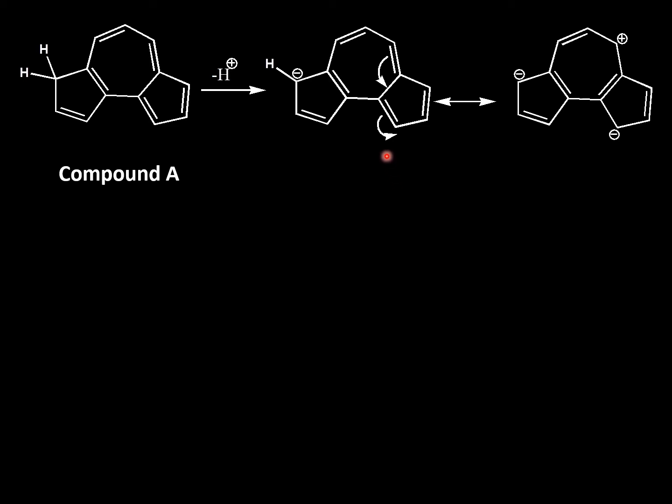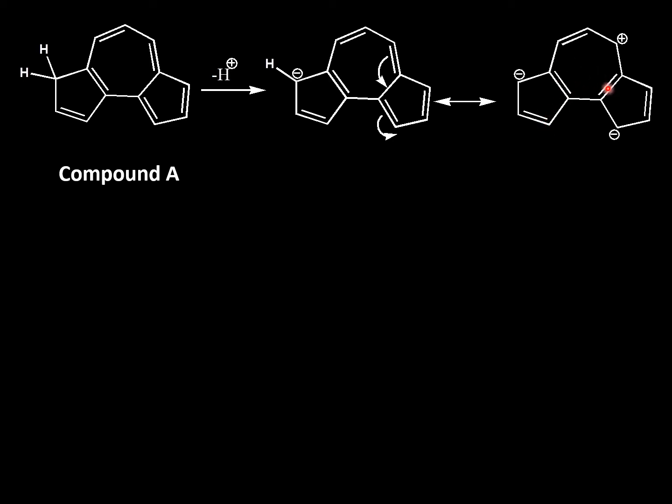So here also we will first try to draw the dipolar resonance structure of this azulene part. In doing so, we are delocalizing pi electrons on the 5-member ring. As a consequence, there is a development of positive and negative charge on the 5-member ring and 7-member ring respectively.